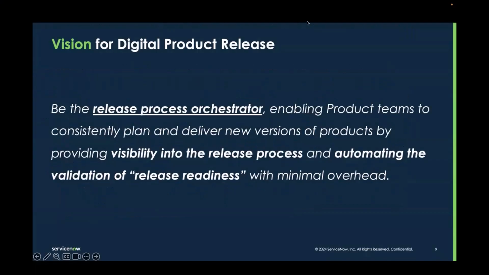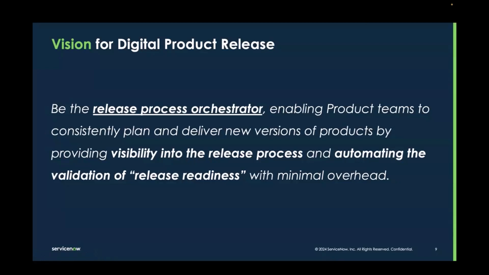Okay, everybody. Again, our vision for DPR: we've done a lot through the maturity journey, where we've gotten started and been creeping up the maturity curve to having more and more automation in place, because our goal is to automate as much of the process as we can, especially around, are we ready to release? Like, that is our goal.